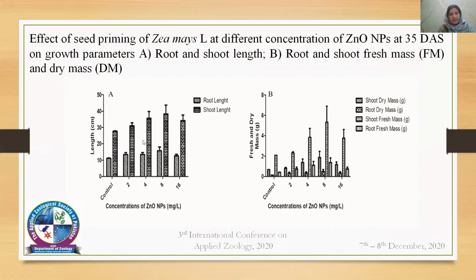But here we notice that the significant enhancement has been observed as compared to the control at 8 mg per liter concentration. And after that, at 16, a decrease in the root and shoot length and the fresh and dry mass has been observed.